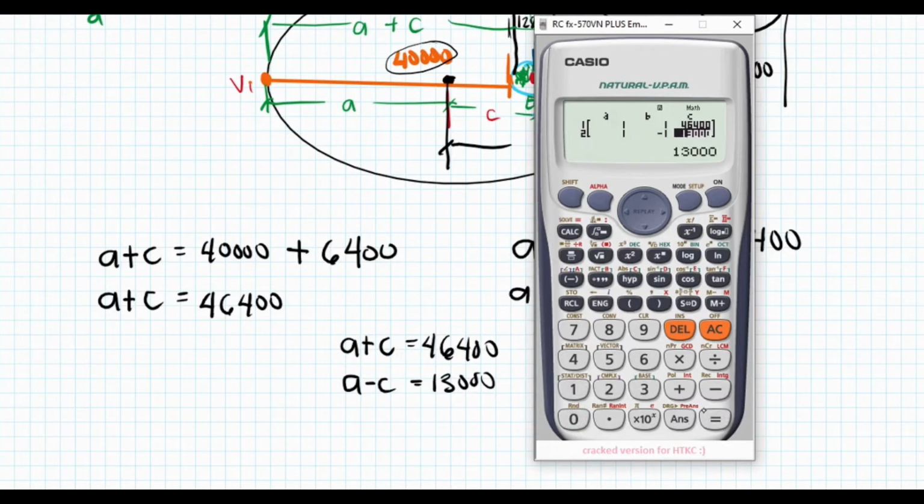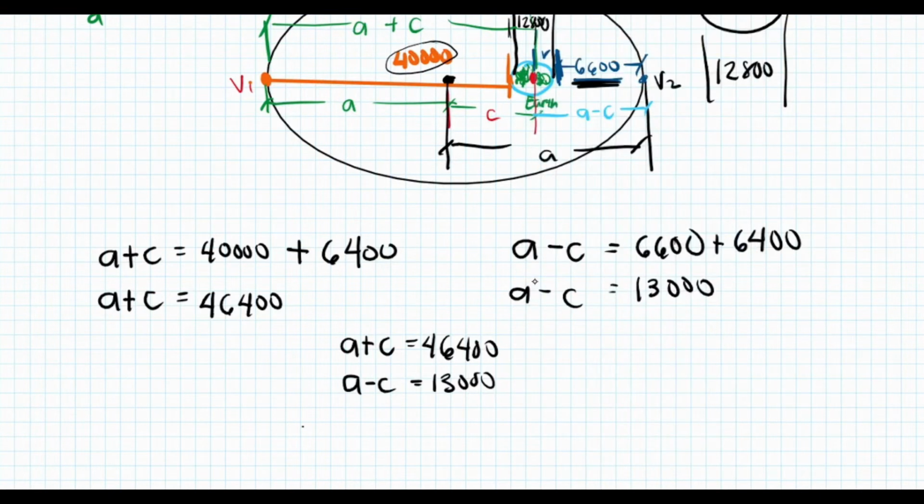Yan, equals. So, your X is 29,700 or yung A mo. Tapos, 16,700. So, lumabas dyan, your A is 29,700. Your C is 16,700. Okay?